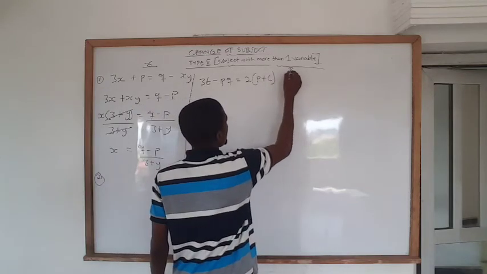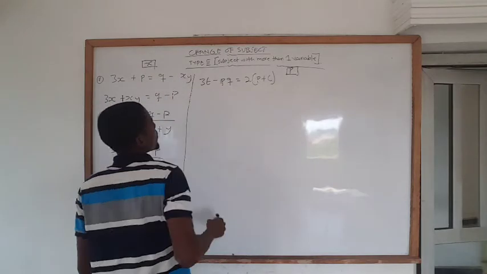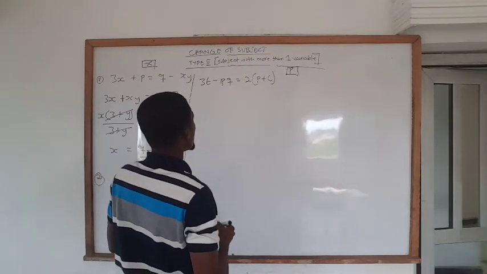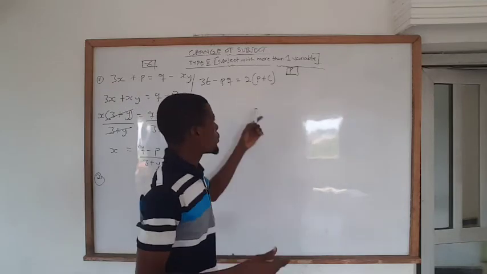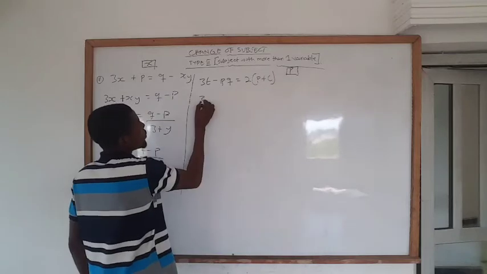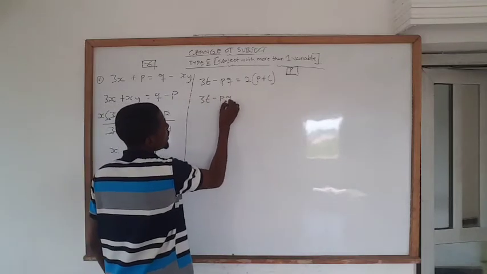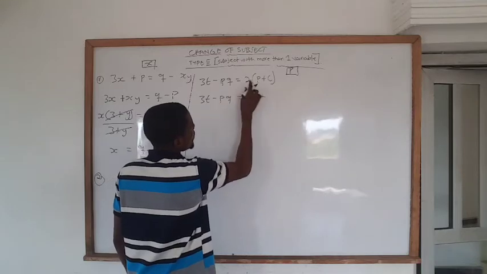So here we are making p the subject. Let's put a square on that. Now you already know in every equation or expression in which we have a bracket, we expand it. And we've done that already. So we have 3t minus pq equals, let's expand, 2 times p will give me 2p plus 2 times l will give me 2l.